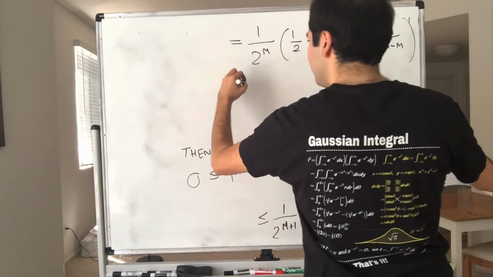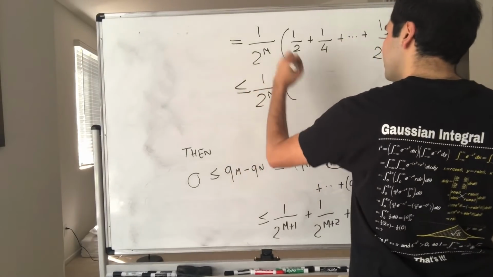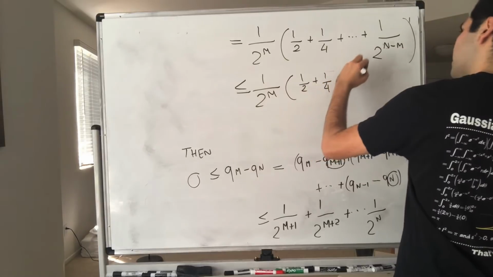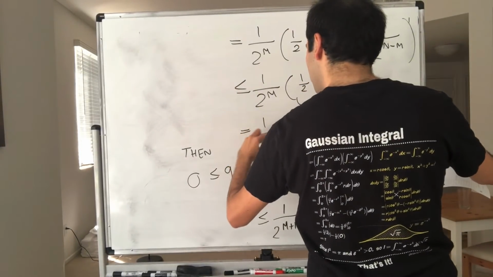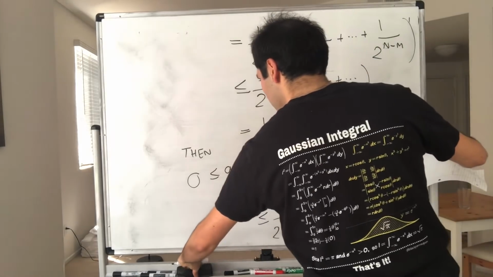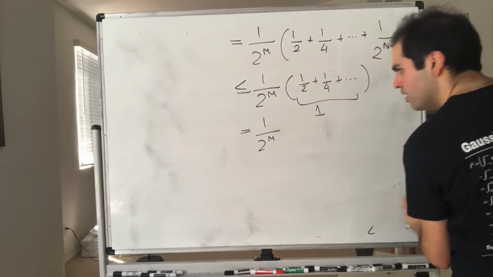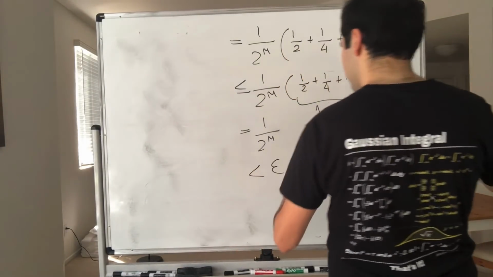But just very crudely, we can estimate this with the geometric series, 1/2 plus 1/4 plus ..., which is 1. And that becomes 1 over 2 to the n. And then simply choose capital N big enough such that this becomes less than epsilon.